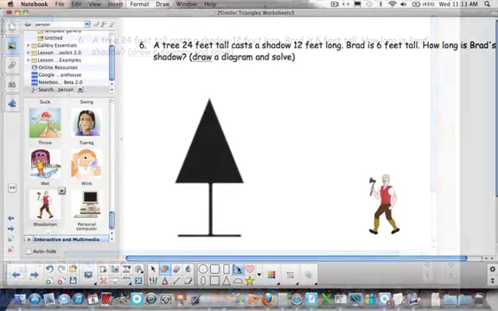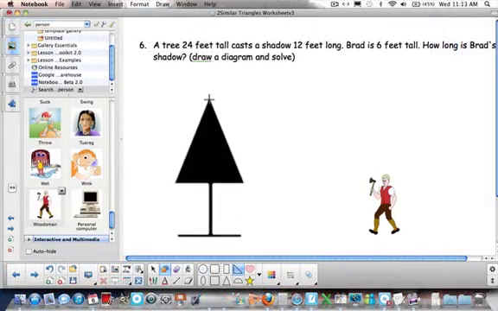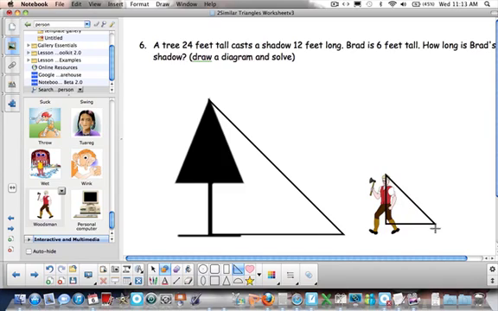Okay. All right, so what we're going to do is draw a couple triangles here to represent how the shadows form. So this is the shadows formed by the sun's rays. So here's our two similar triangles. Doesn't have to be in the same triangle. You can draw them separately.